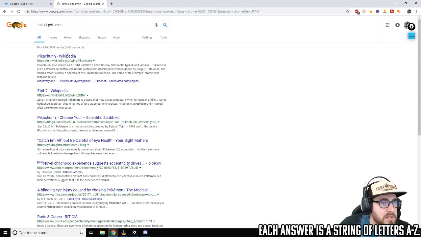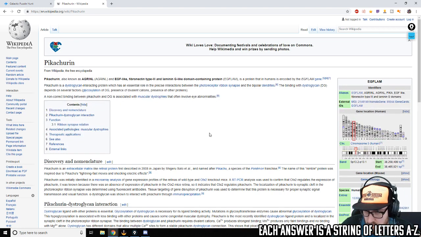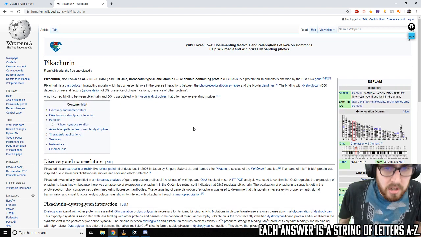Retinal Pokemon? A Pokemon gene? Is this it? Hold on a second. Pikachu.